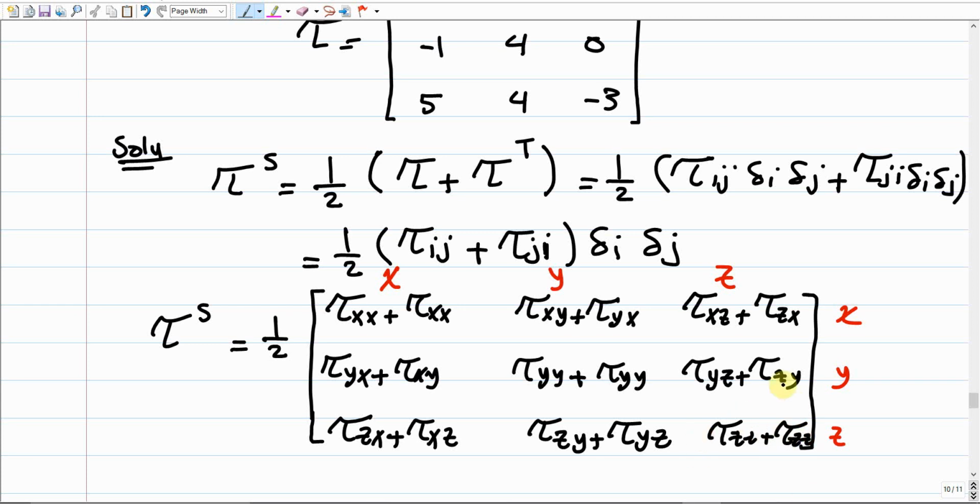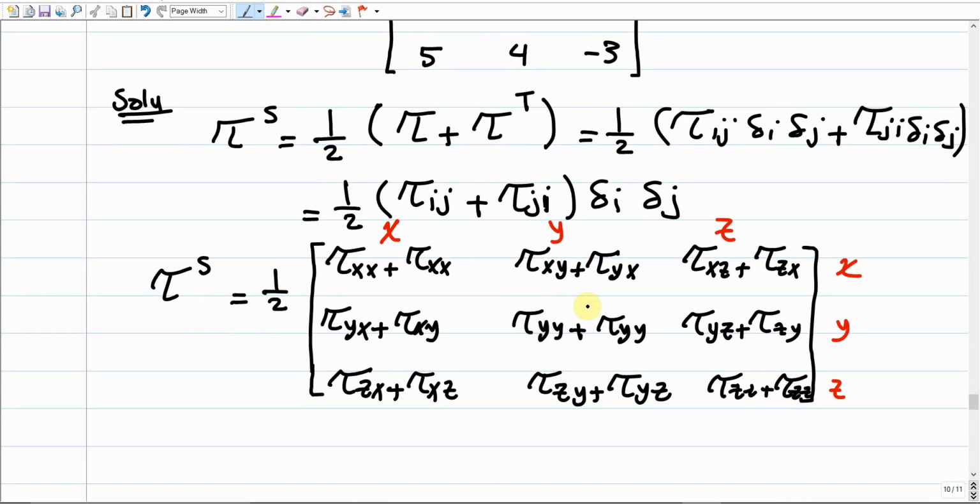So as you can see, if we end up with this tensor in this form, this component here is typically identical to this one. It doesn't matter which comes first, like tau xy plus tau yx is typically equal to tau yx plus tau xy, right? The same thing, this component is identical to this component.